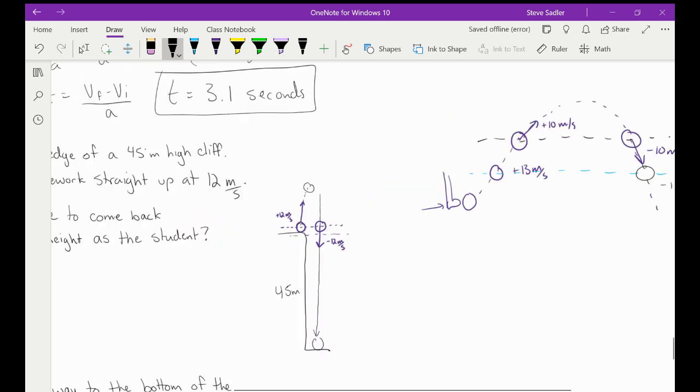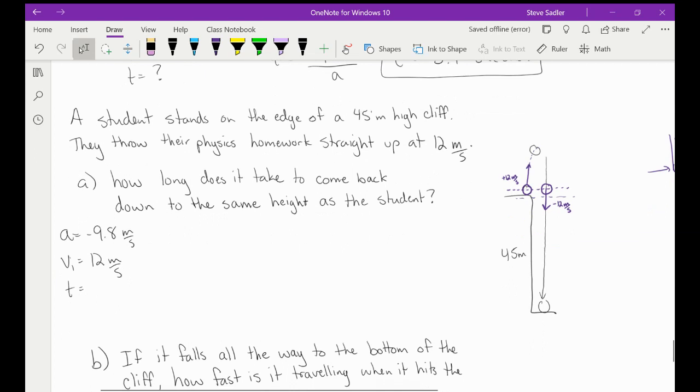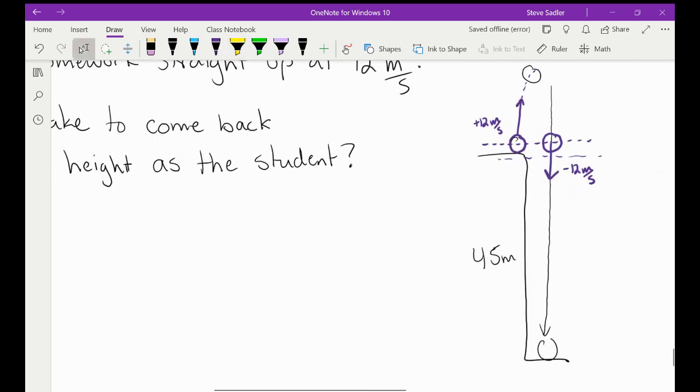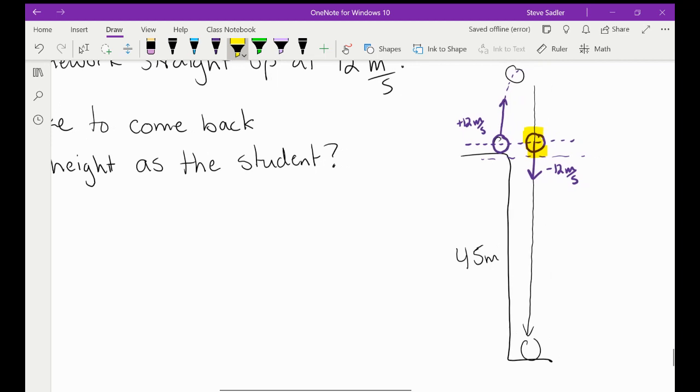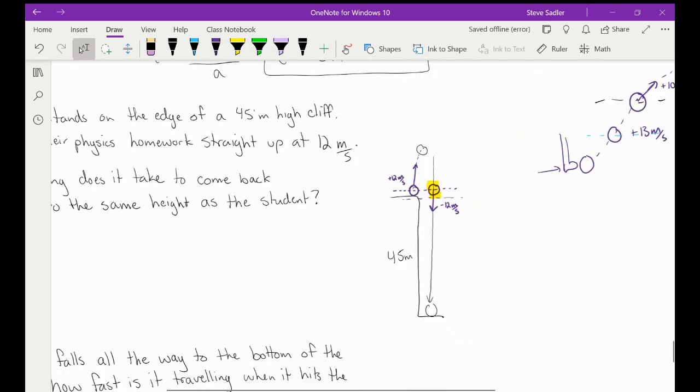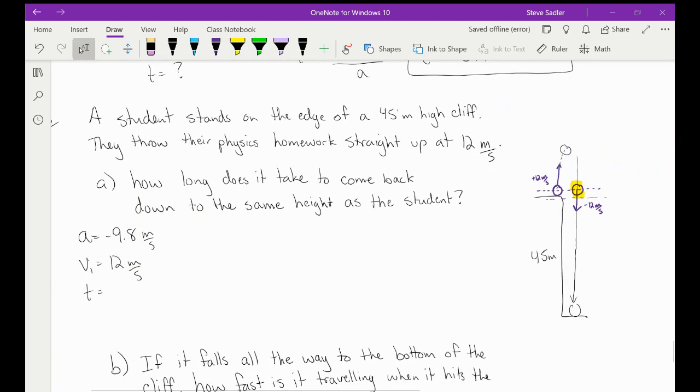So with that in mind, if we make this part of the question, when the ball is at the same height on its way down, our final, just because we only worry about the time to that point, then we can say the V final is equal to negative 12 meters per second.